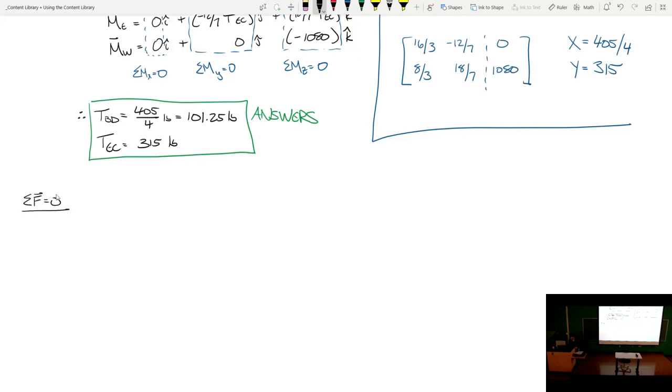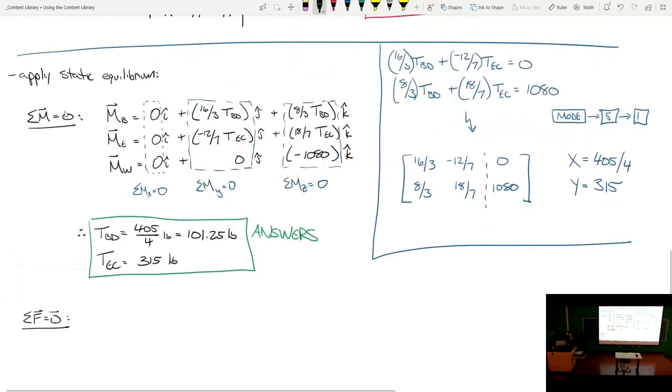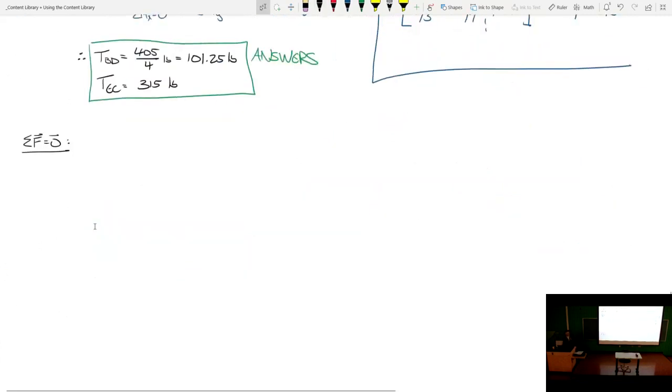I need to put the little arrow up there. So let's start off with TBD, because remember that's the magnitude times the unit vector, which we now know that magnitude. Here's the unit vector. How are we doing on time?